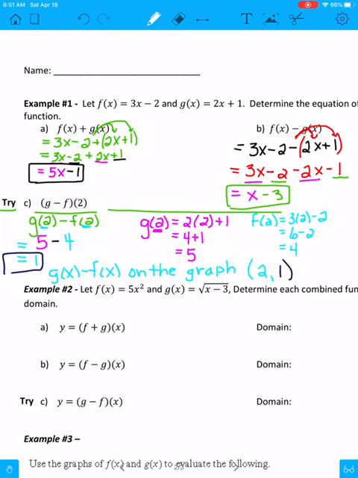So when I fill a number in for x, I'm actually just finding a coordinate on the graph of the two combined functions. Okay? So we can just come up with new equations or come up with a point off of a graph of the combined functions.